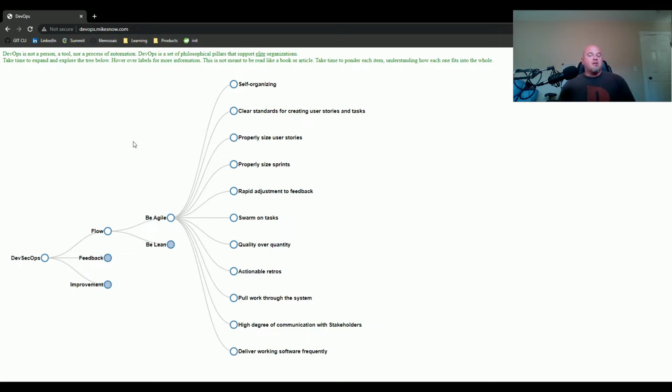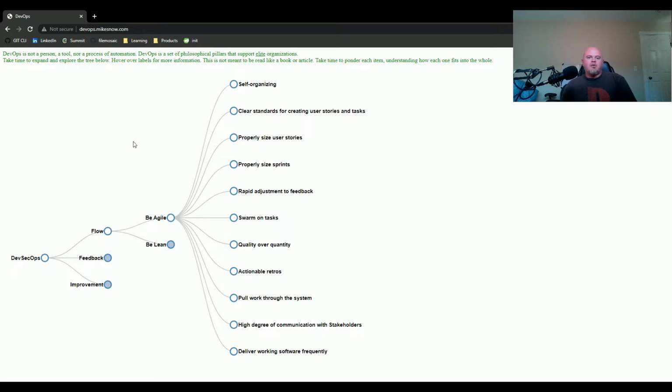A sprint is a commitment to deliver everything that's in that sprint. And if you are not delivering what you've committed to, it really doesn't have much meaning to you or the customer. So make sure that you're properly sizing your sprints based on what your team can reasonably deliver in the time window.